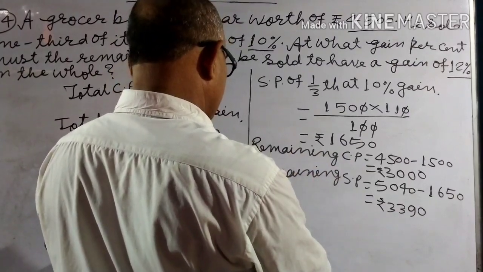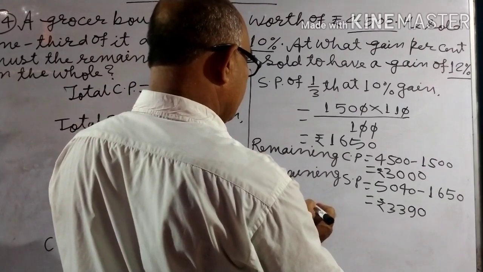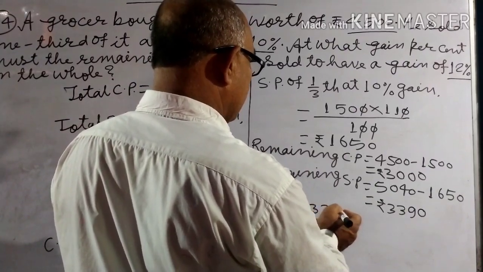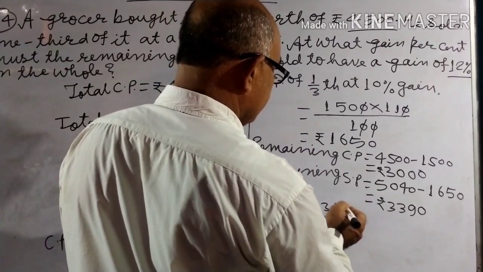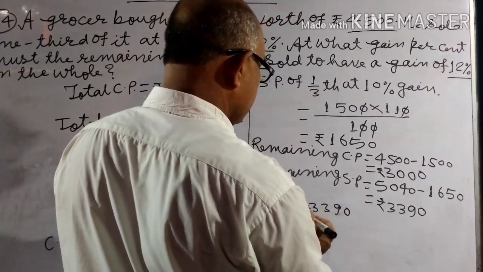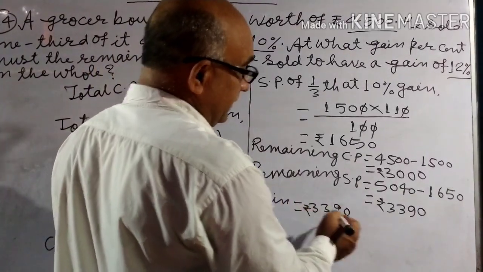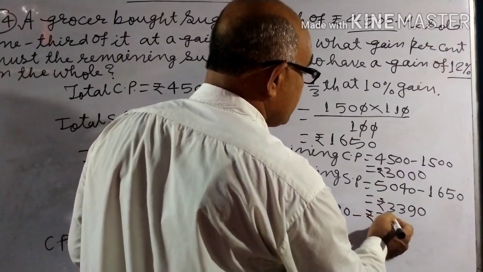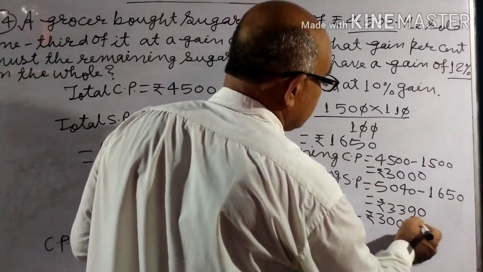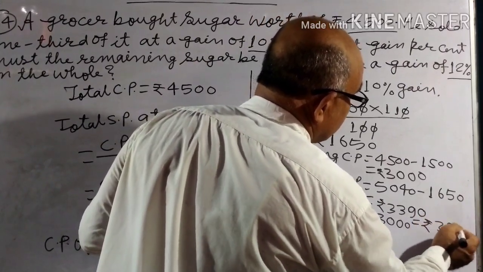So gain equals SP minus CP. So 3,390 minus rupees 3,000 equals rupees 390.